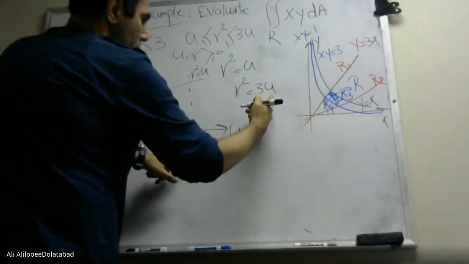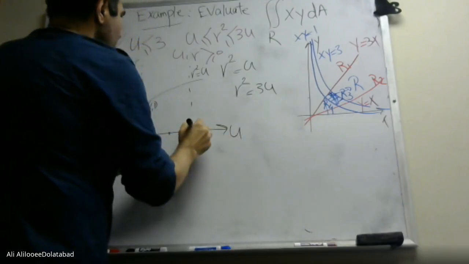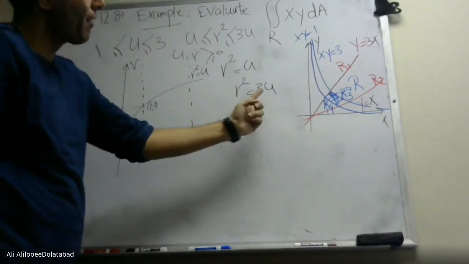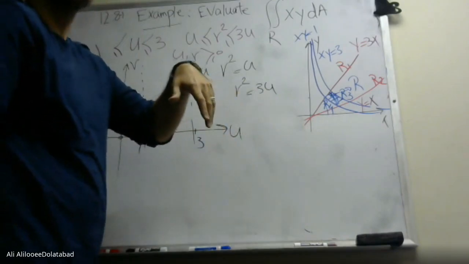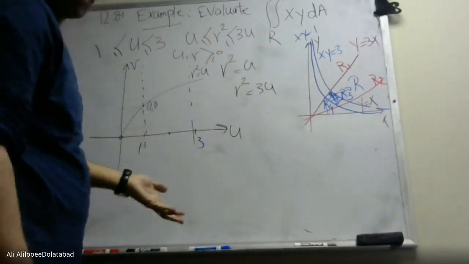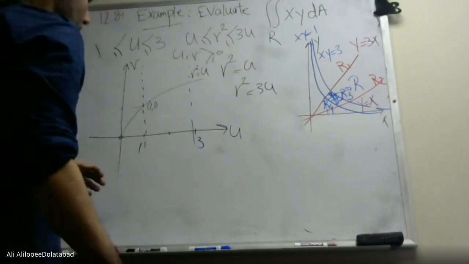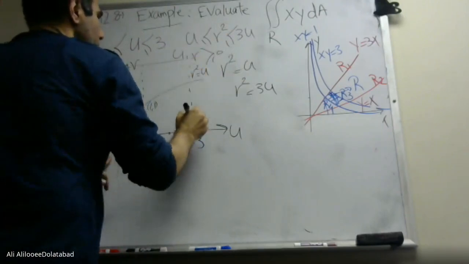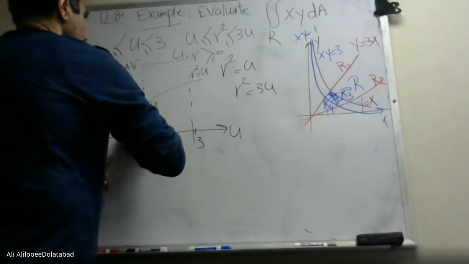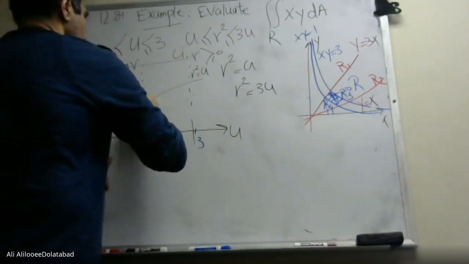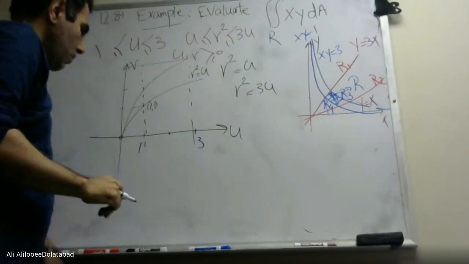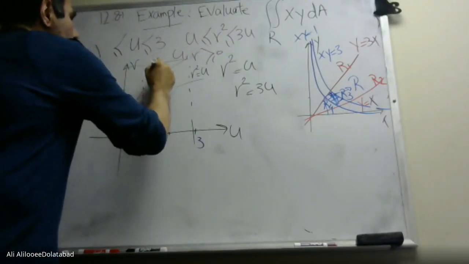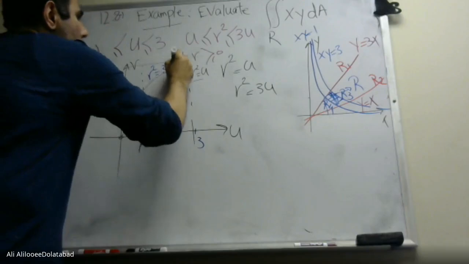If we plug in u equal 3, we have 3 times 3 is 9, then v squared equal 9, then v equal 3. Then we have something like this. This is v squared equal 3u.